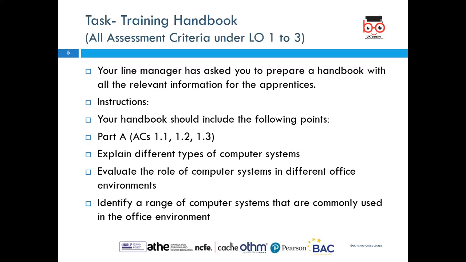Part A: explain different types of computer systems, evaluate the role of a computer system in different office environments, identify a range of computer systems that are commonly used in the office environment.